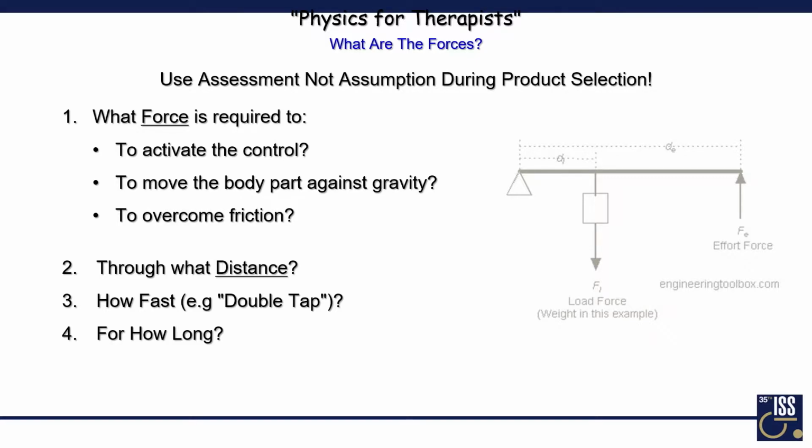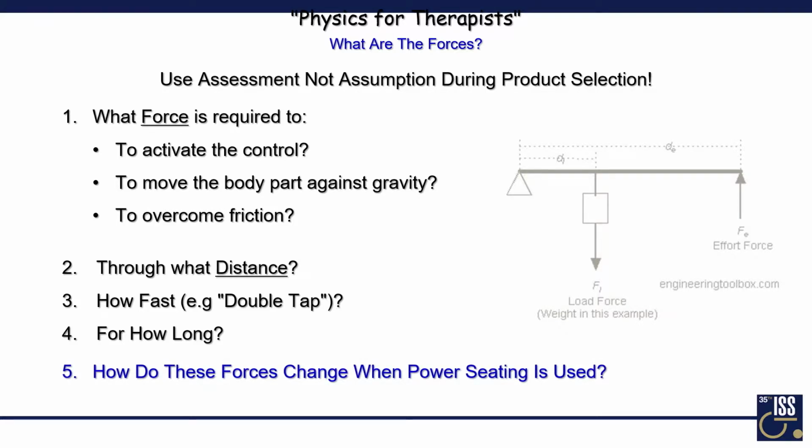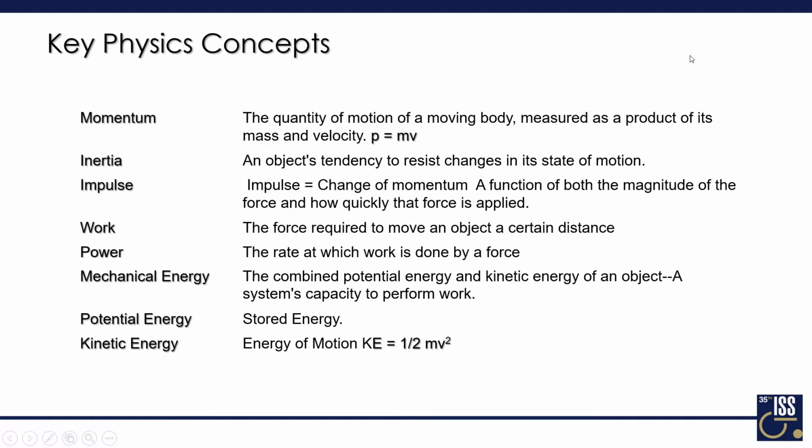And for how long are they going to have to hold that movement? And do these forces change when power seating is used? I'm going to say yes, because gravity changes.